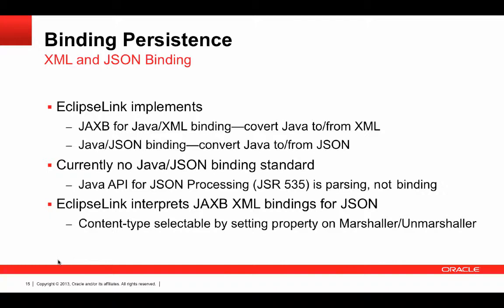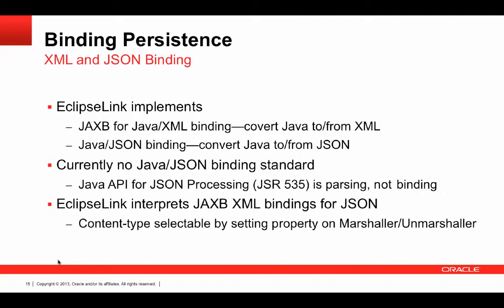EclipseLink fully implements a standard JAXB implementation of the latest specification, but we also go well beyond it to deal with some advanced mapping requirements and even the ability to externalize the mapping information out of annotations into a separate XML document, and now I can deal with one object model having multiple XML representations.